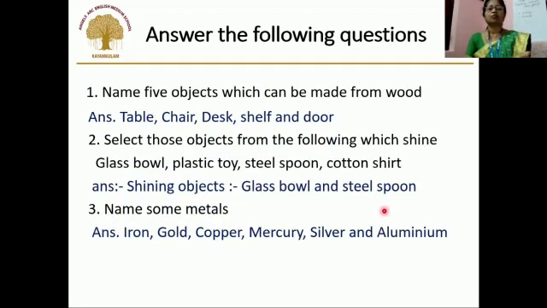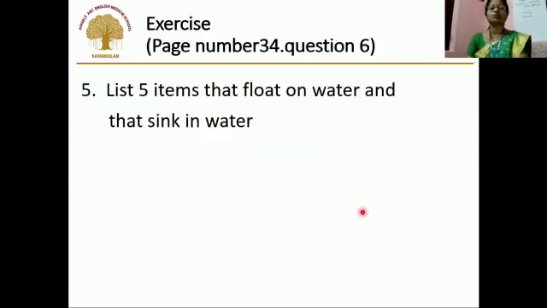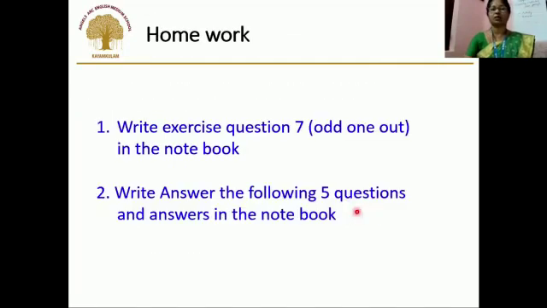First one, 5 objects which can be made from wood. Second, select those objects from the following which shine. Third, name some metals. Fourth, give some properties of metals. Fifth, list 5 items that float on water and that sink in water. These 5 question answers you have to write as homework.